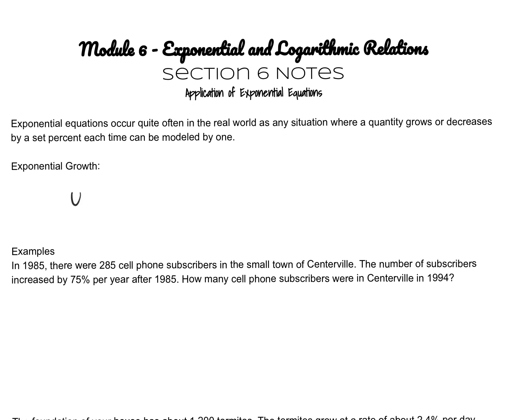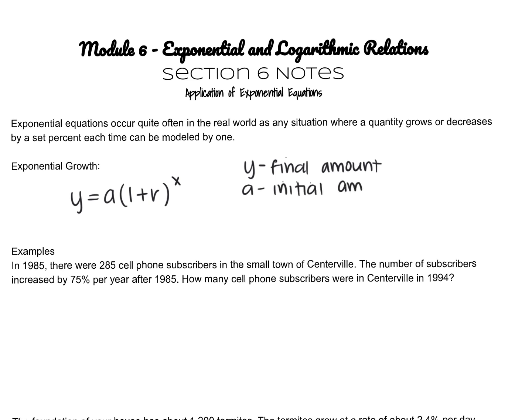Our exponential growth equation is y equals a parentheses 1 plus r to the x, where y is our final amount, a is our initial amount, r is our percent increase as a decimal, and x is our time.